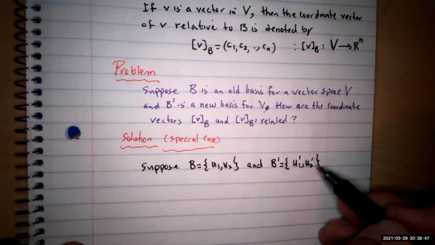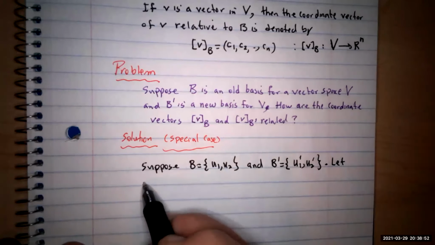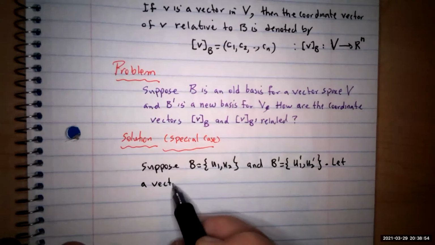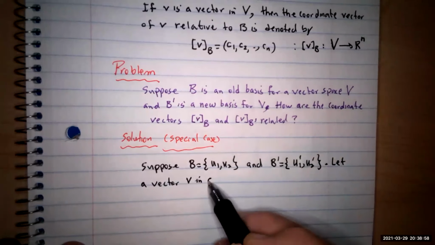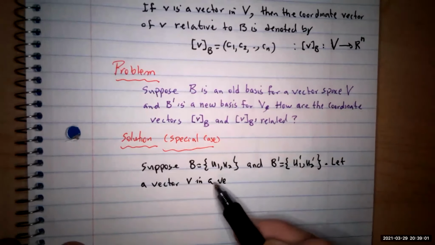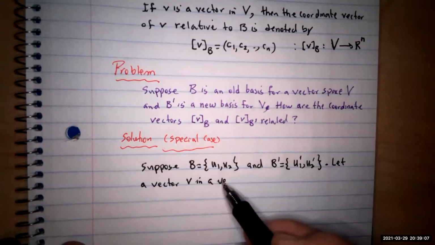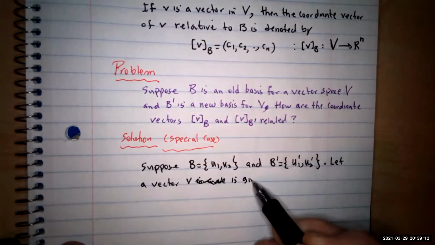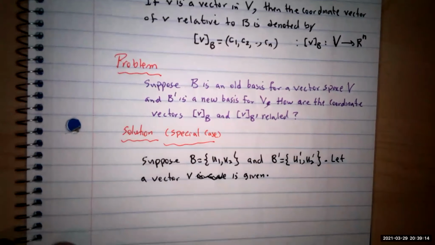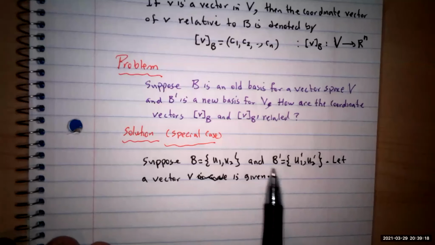And this is it. Let a vector V be in the vector space, a vector V in R2, of course, in this case. Suppose a vector V is simply given. What we would like to do is find a relationship.